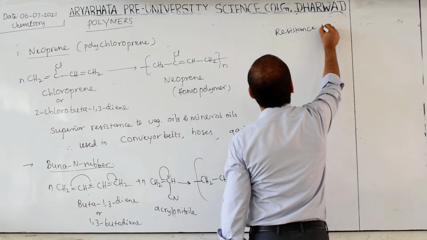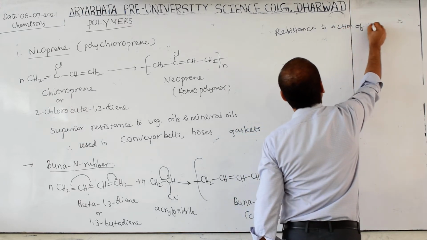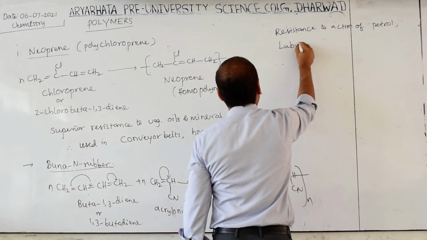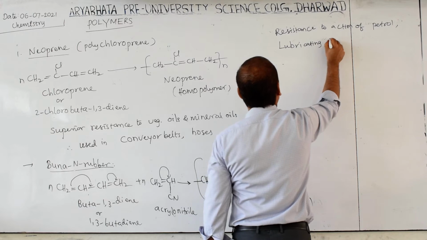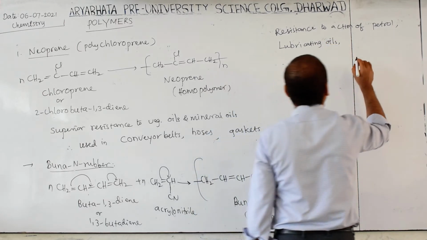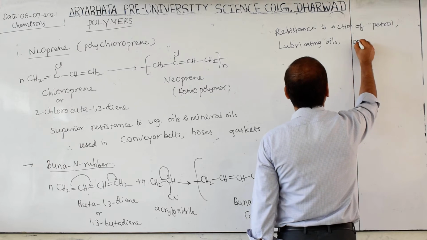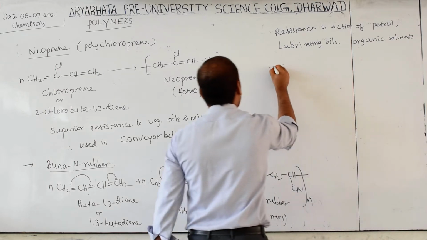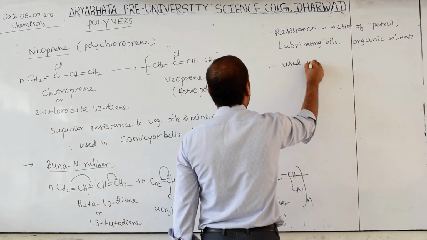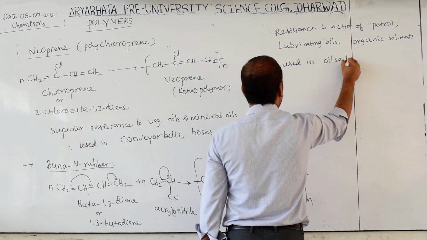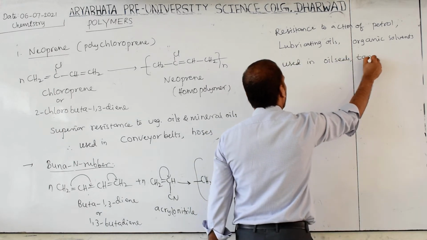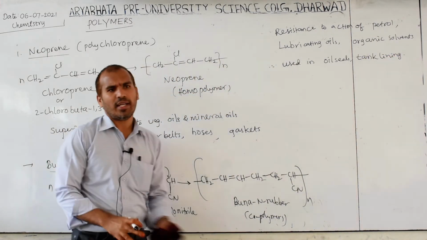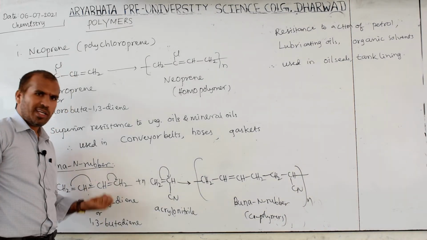Resistance to action of petrol, lubricating oils and organic solvents, therefore used in oil seals. Another use? Tank lining. Used in oil seals and tank lining. This is which one? Buna N rubber.